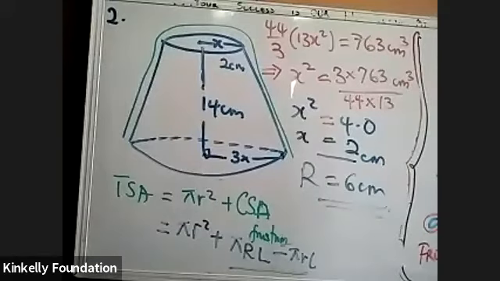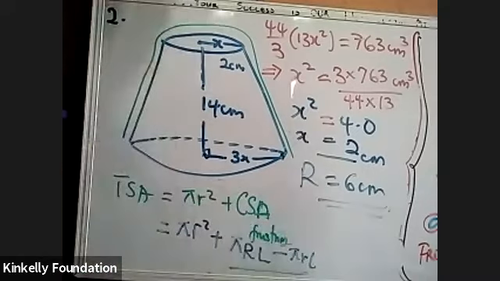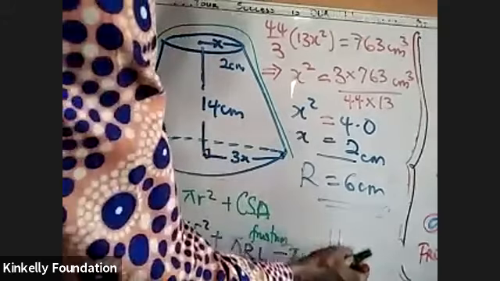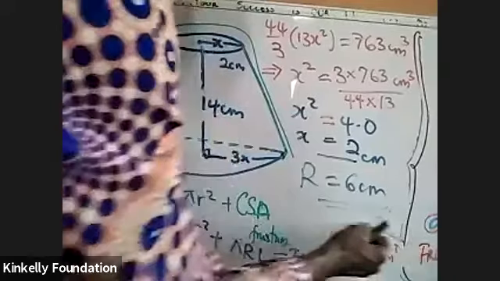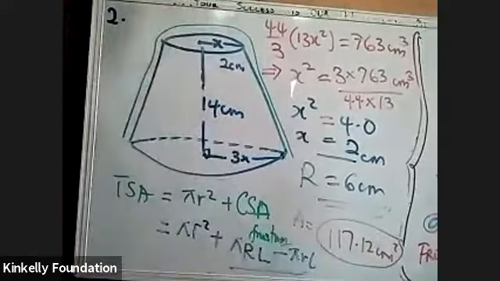Go and solve it. Once you get it, the value you are going to get will be 117.12 cm squared. I would like you to go and solve this. This is the area of cloth needed.